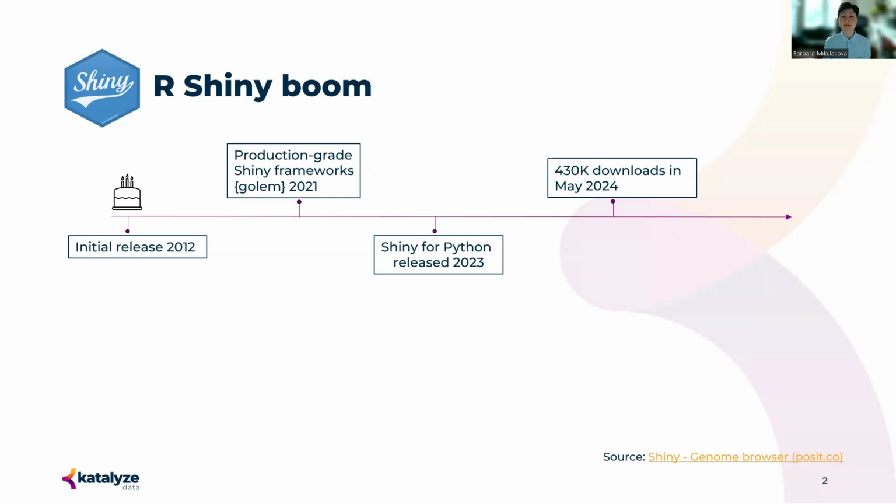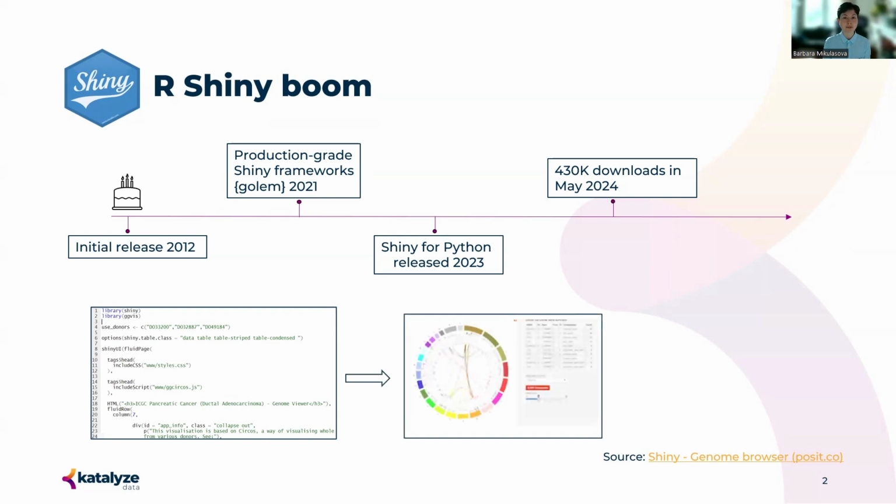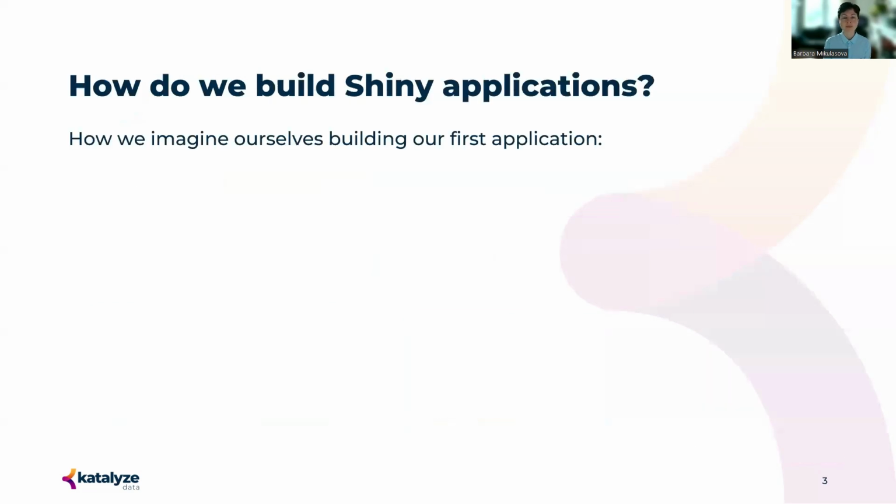Most notably, in 2023, Posit released its Python version of Shiny, which is called Shiny for Python. Also, just in May, we saw over 430,000 downloads of this package, which is another testament to how fast growing this community is. After all, you don't have to be a full-stack developer in order to create beautiful Shiny applications.